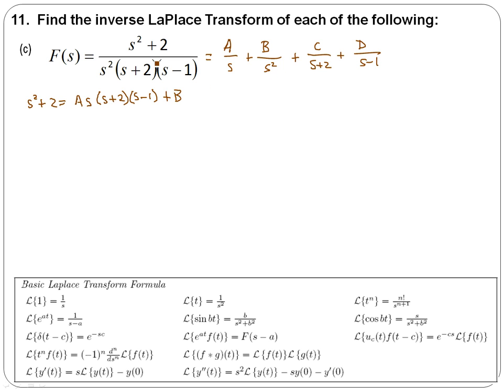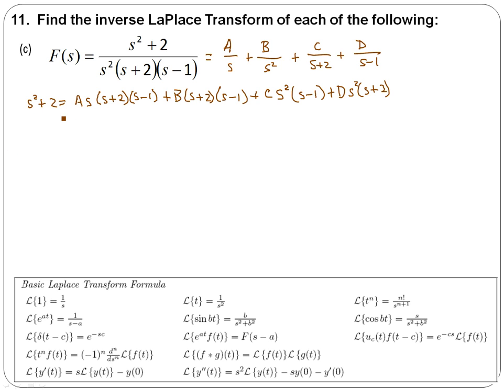Here both of the s squared factors drop out. So I have b times s plus 2 times s minus 1, and then plus c. Here the s plus 2 drops out. We get c s squared times s minus 1. And then for my d, the s minus 1 drops out, and I get s squared times s plus 2.